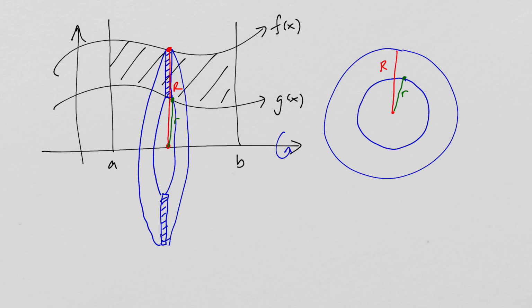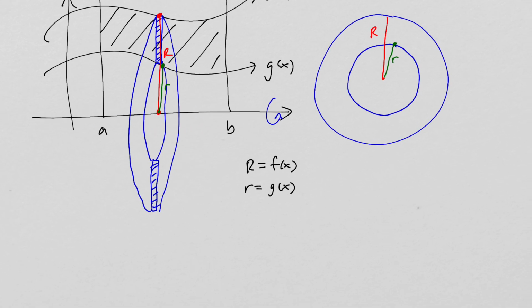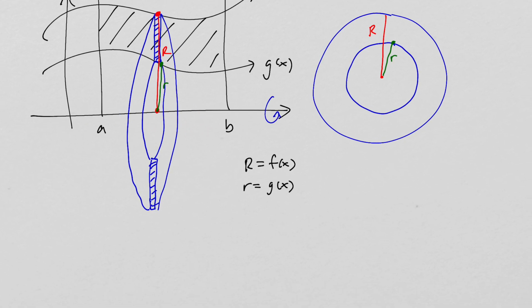So in this particular case, big R would just be f of x, and little r would be g of x. But again, the main concept here is that the cross-sectional area is going to be pi times big R squared minus pi times little r squared, or we can write this as pi times big R squared minus little r squared.